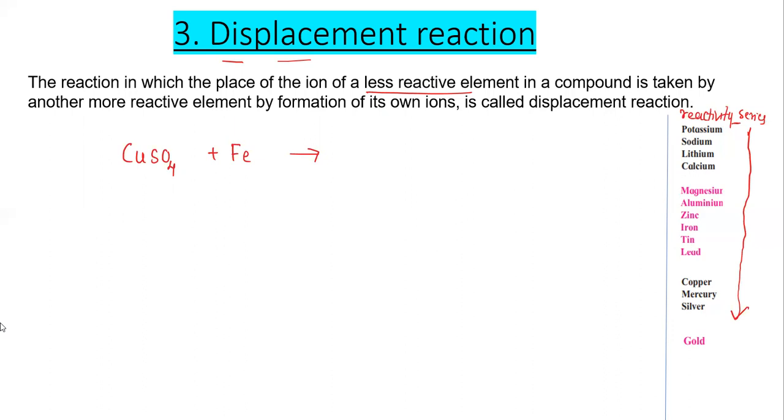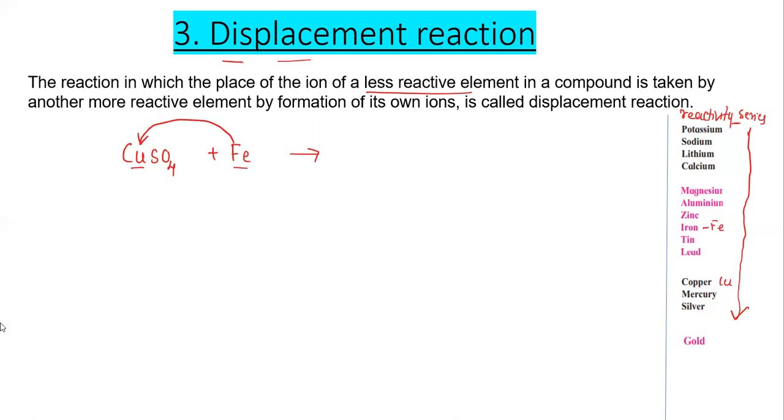Now here in our example, copper sulfate and iron. Let us check which is more reactive, copper or iron. Iron is here. Copper is down. That means iron is more reactive than copper. So what will happen? Iron will displace copper.